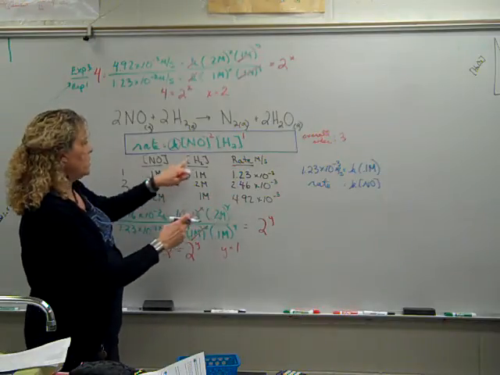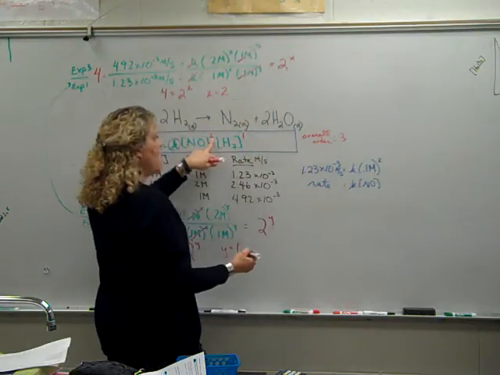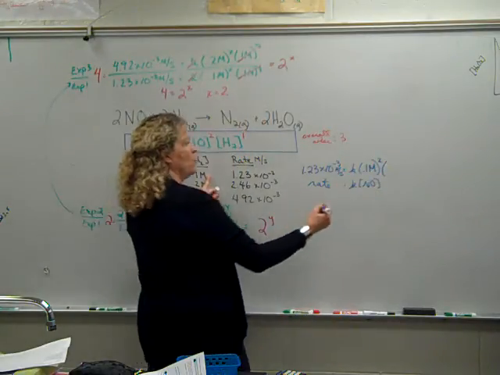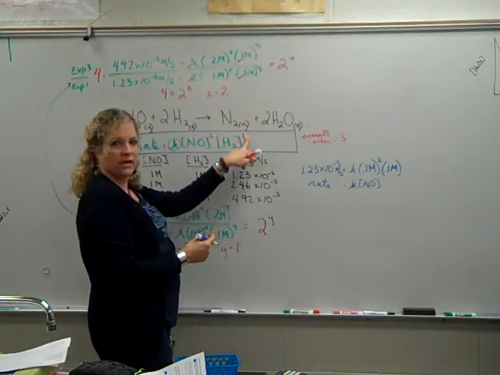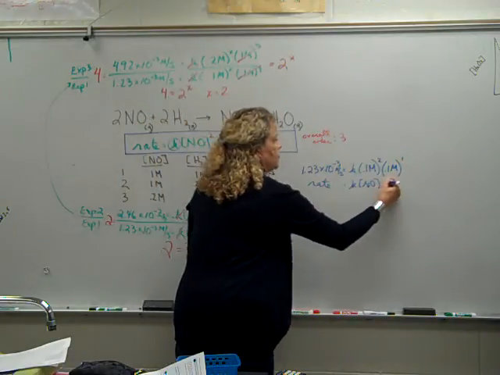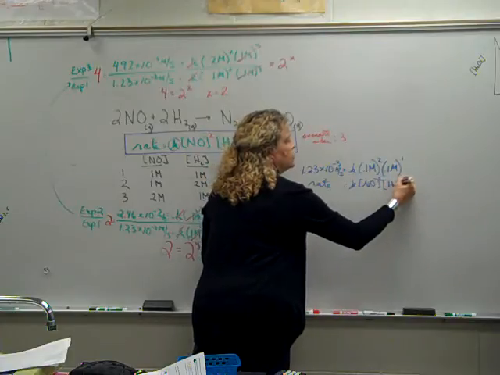So this is 0.1, and this tells me to square it. That's super important. And then I have my concentration of hydrogen, which is also 0.1. But my formula tells me to raise that to the first. I simply just followed that.